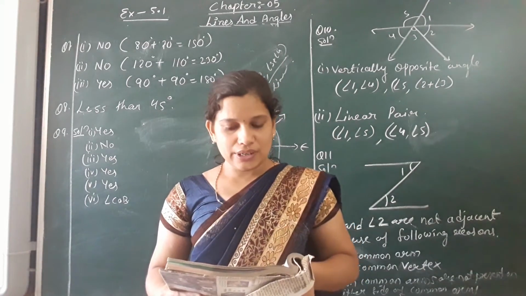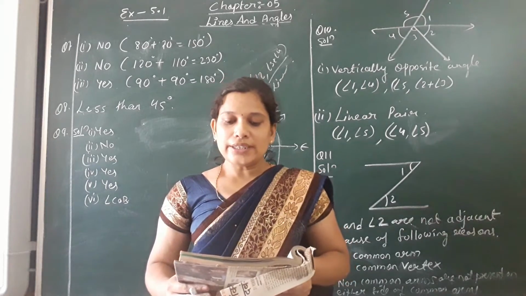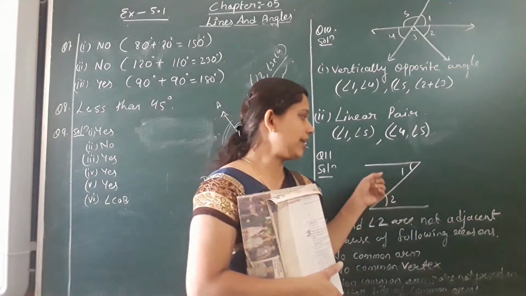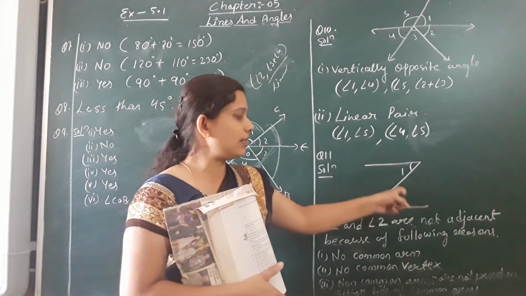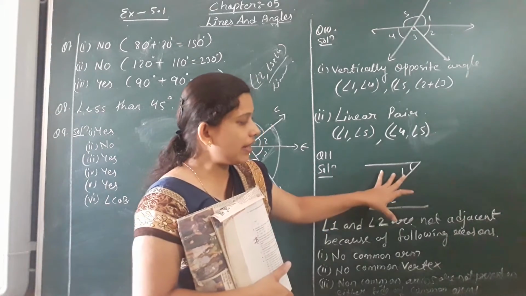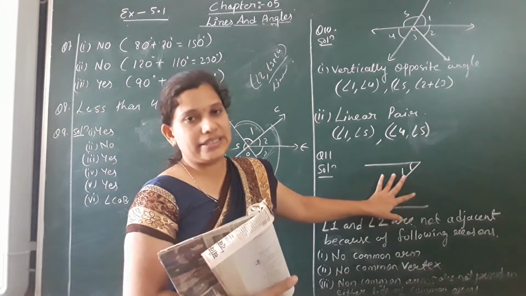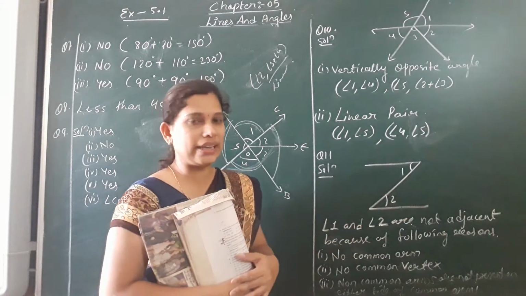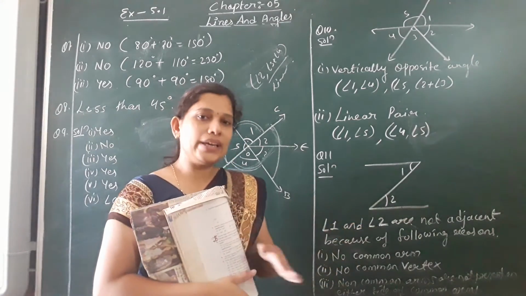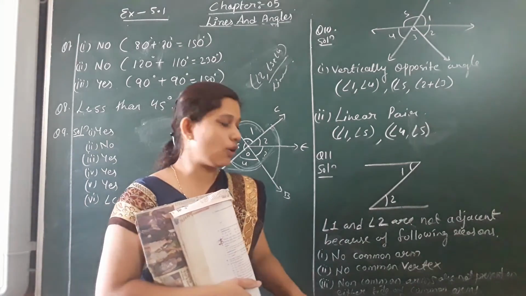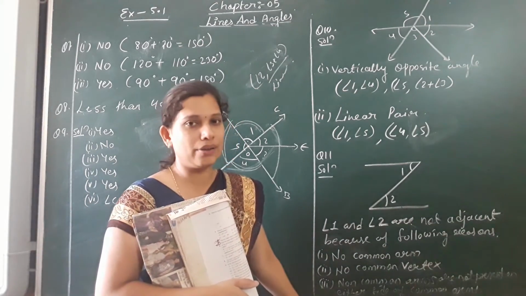In the following figure, is angle 1 adjacent to angle 2? Give reason. So dear students, we can see this figure, angle 1 is an alternate interior angle to angle 2. It is asked whether angle 1 is an adjacent angle to angle 2, so the answer is no, it is not an adjacent angle, because for being an adjacent angle, it should have a common arm, a common vertex, and the non-common arms should be present on either side of the common arm.